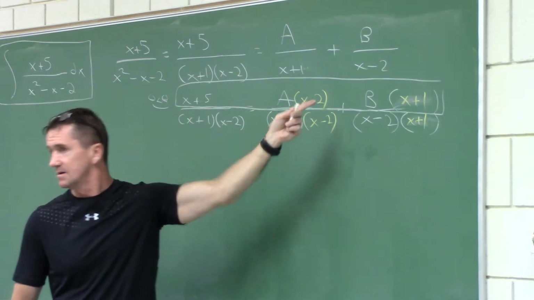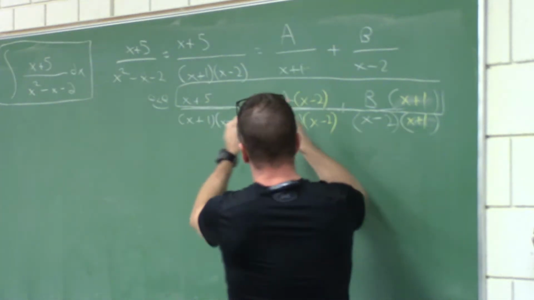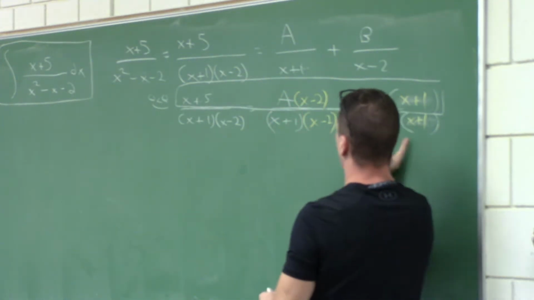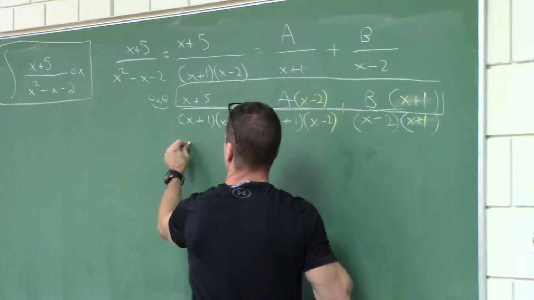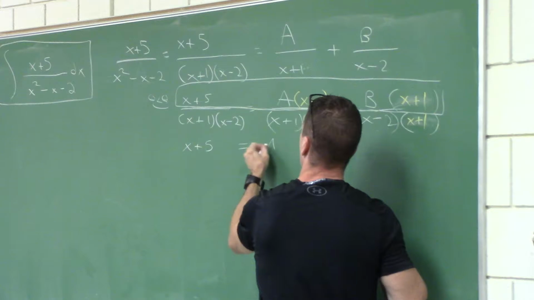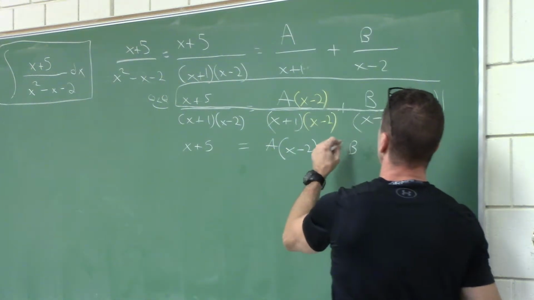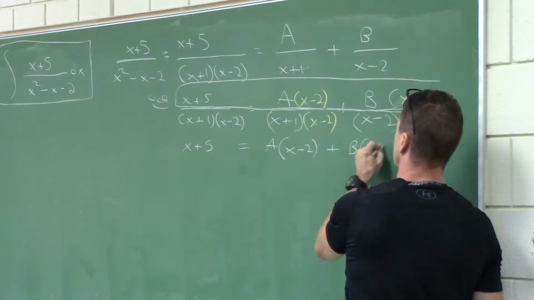I'm going to rewrite that. What about those denominators? I'm just trying to figure out A and B. If these are already equivalent, then let's just examine: x plus 5 must equal A times x minus 2 plus B times x plus 1.